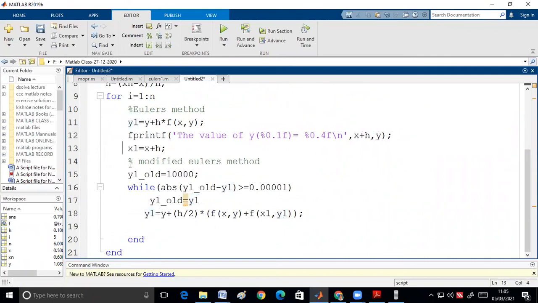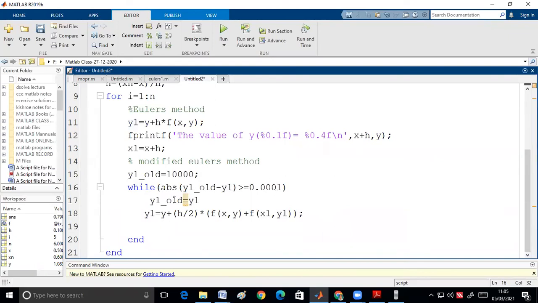Now, after that, for initialization of the old value, we give a big number, 1000 or 10,000, no problem. Now we are using a while loop: abs of y1 old value minus y1, the Euler approximate value, is more than 0.001. I will take 4 decimals or 3 decimals, no problem. Then the while loop will run several times until this value is reached.